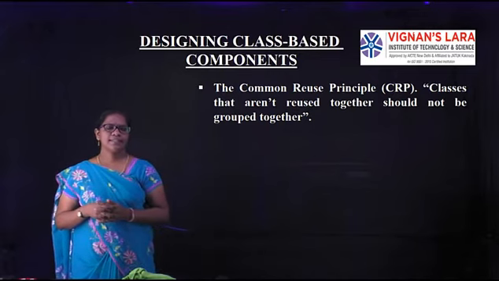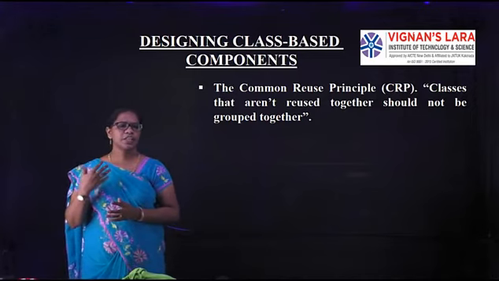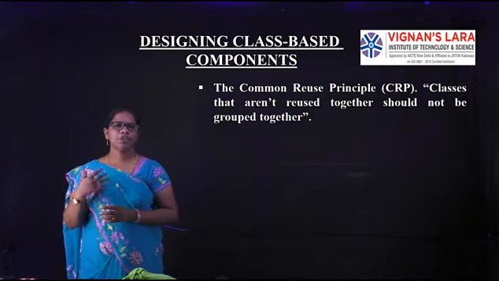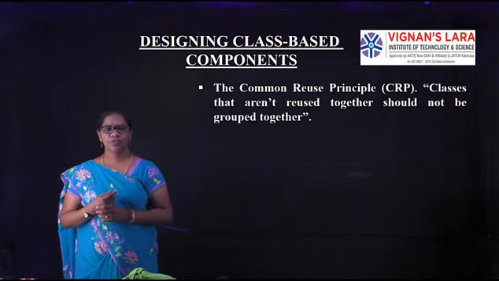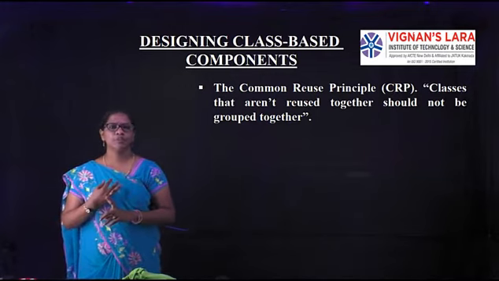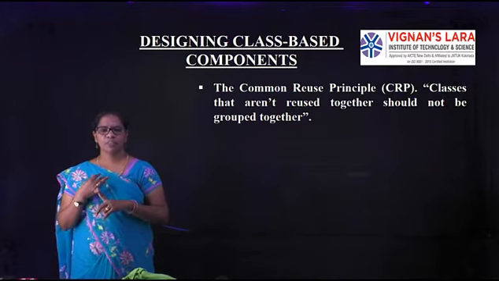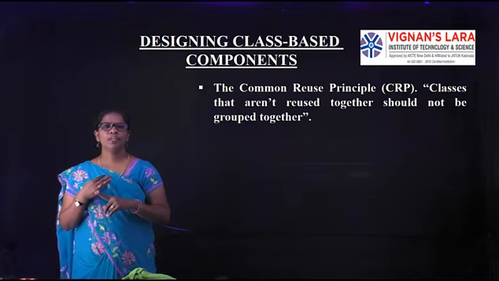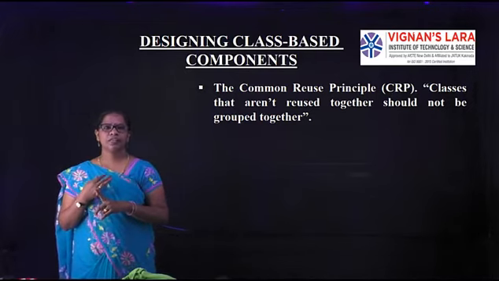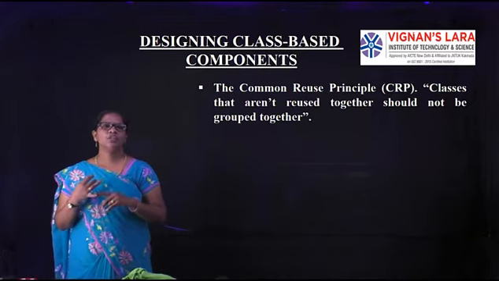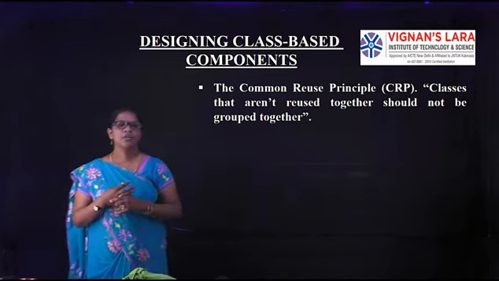Whatever classes you are using should not be grouped, because here you are using abstraction. If you use grouping and want to give some of the classes to the user, at that time you will face some problems. That's why we should not group the classes together.